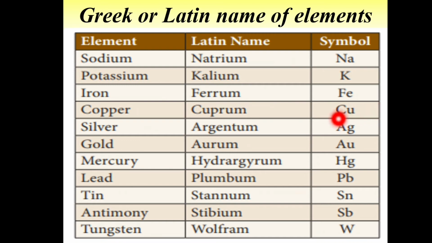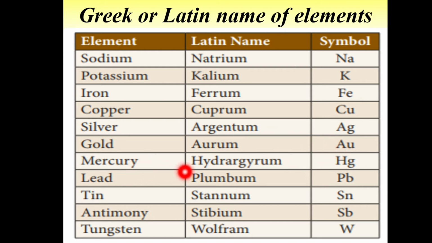For sodium it is natrium, the Latin name, and the symbol is Na. For potassium it is kalium, K. For iron it is ferrum, Fe. For copper it is cuprum, Cu. For silver it is argentum, Ag. For gold the Latin name is aurum, the symbol is Au.